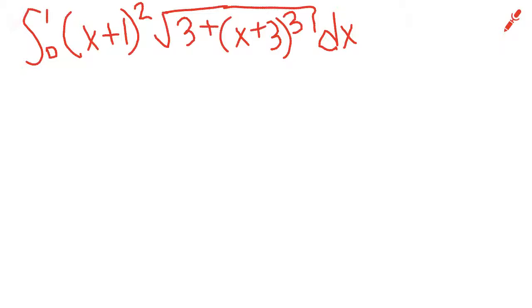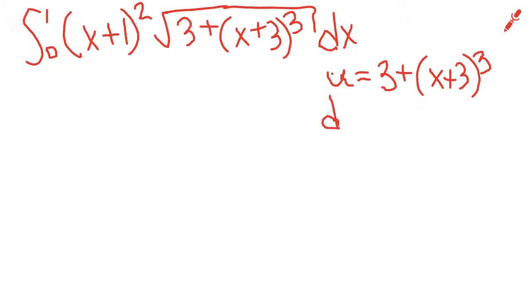And so what we have to do here is first find the u, which would be 3 plus x plus 3 cubed, and then you must find its derivative, which is du equals 3 times x plus 1 squared.